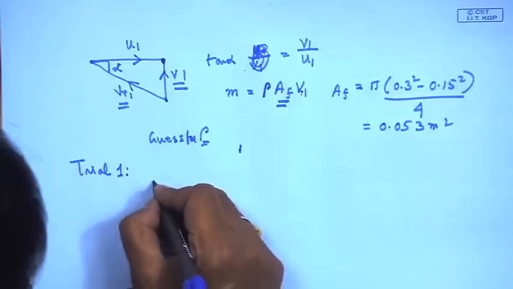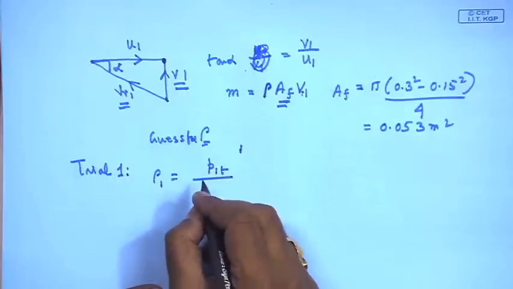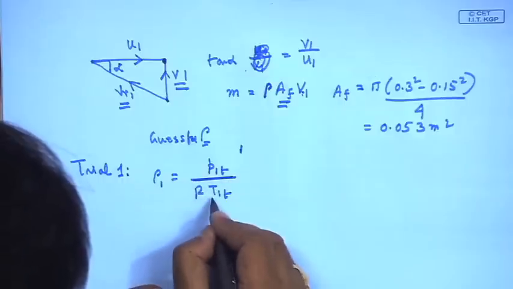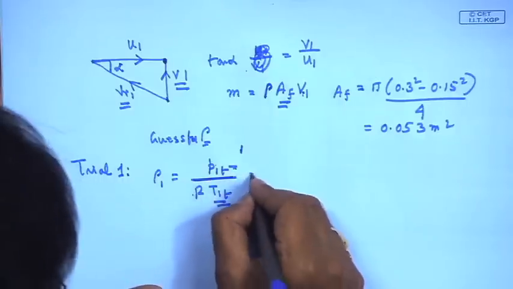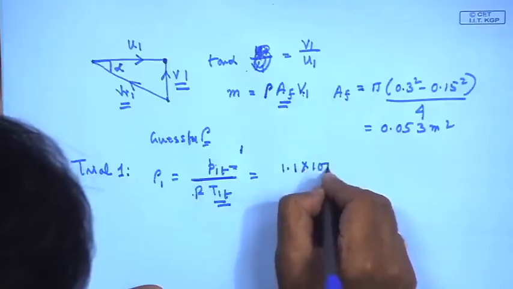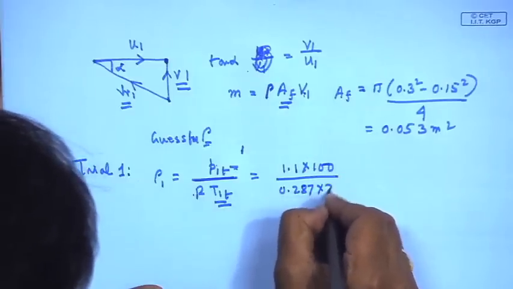I guess rho from the total pressure, P1T by R T1T at the impeller inlet. I know T1T, I know P1T. Based on this I find out the value, which is given as 1.1 bar into 100 by 0.287 into 295.